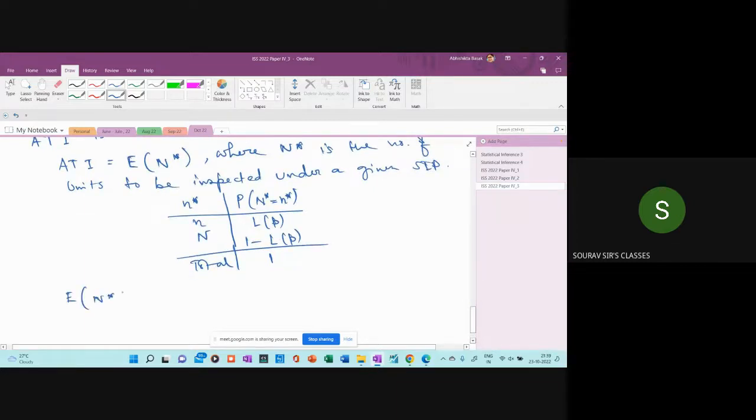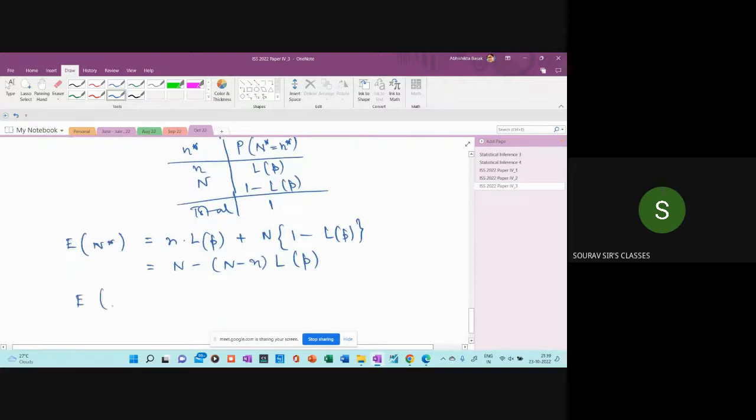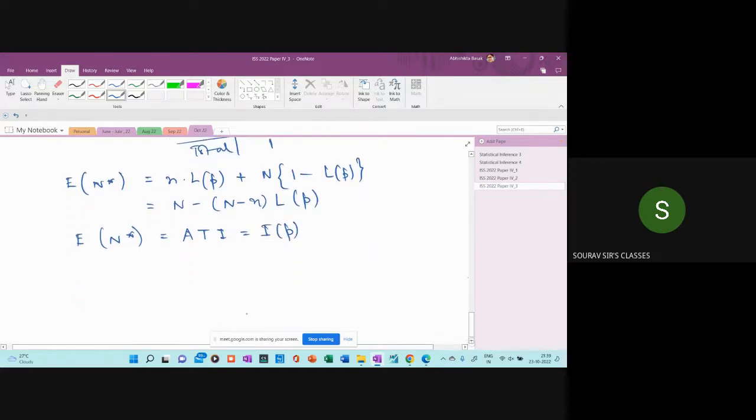This expectation of N star is, as you can see, going to be small n into L of P plus capital N into 1 minus L of P. This simplifies and gives you capital N minus capital N minus small n into L of P. So expectation of N star, as we defined, is my ATI, equal to this I of P. So we define this I of P at P bar.